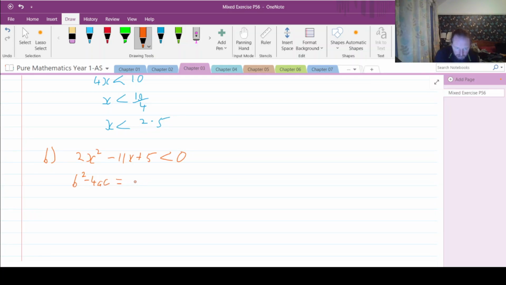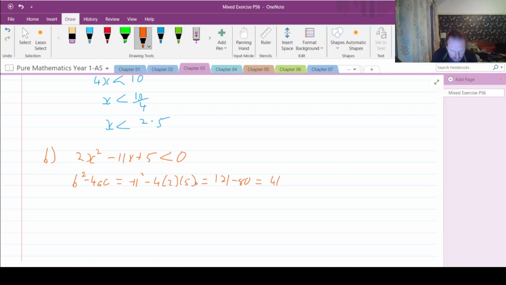That's going to be equal to minus 11 squared minus 4 times 2 times 5, which is 121 minus 80. And so 121 minus 80 is 41.